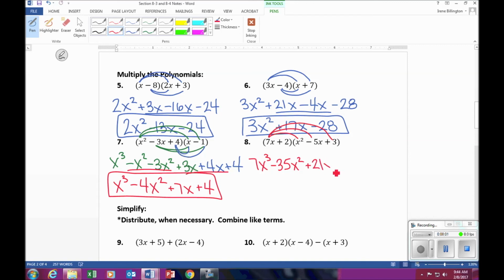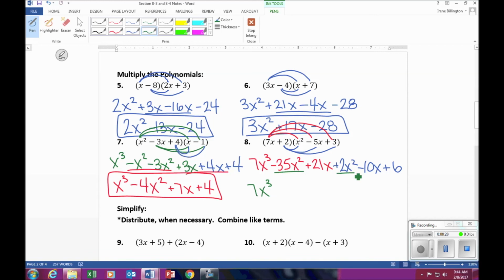Next, we're going to move to the 2, and we're going to multiply the 2 by the x squared, so plus 2x squared. And then we're going to multiply the 2 by the negative 5x, so minus 10x, and multiply the 2 by the 3, which would be plus 6. Now we want to combine our like terms. 7x cubed does not combine with anything.